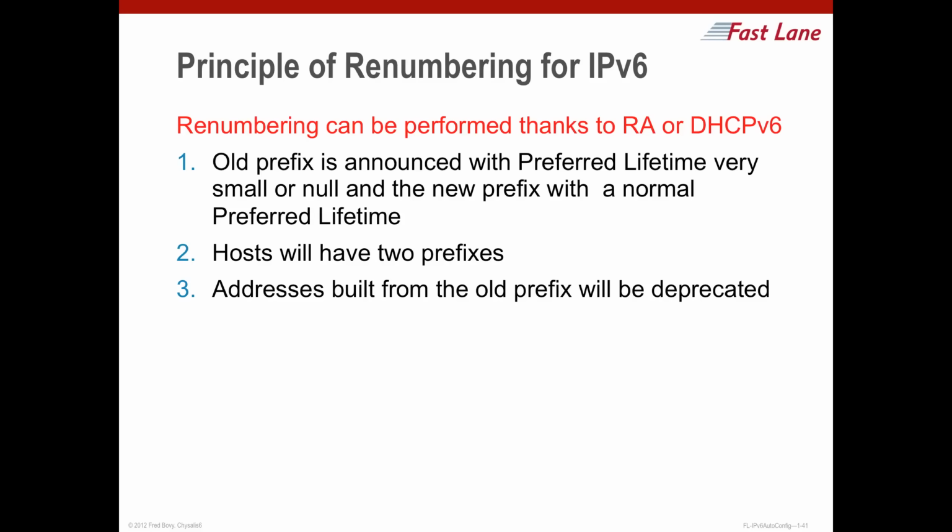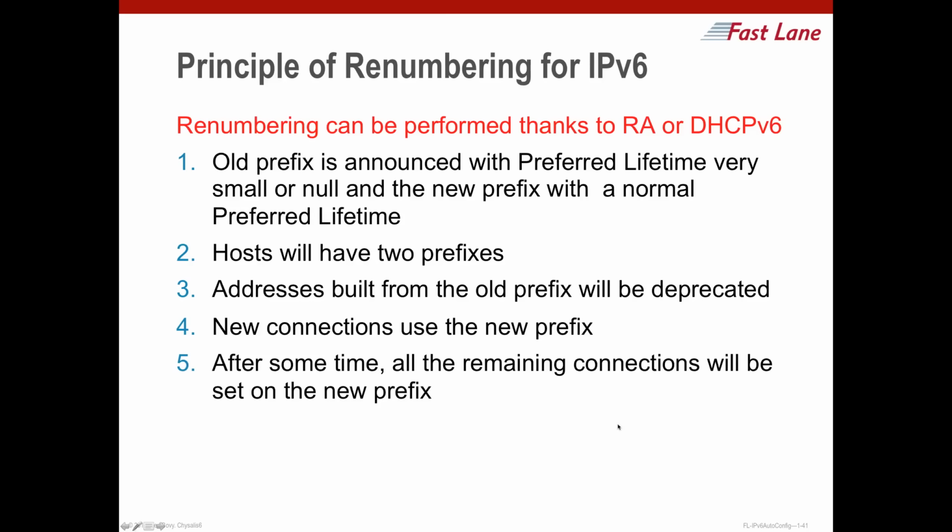The old one is still there for the time that the old sessions are dying, and when the old sessions die, they don't use the old deprecated prefix. Only the new prefix is used for new connections. So after some time, all the connections are on the new prefix, and the old prefix is no longer advertised by the router, and the old addresses built from the old prefix just die.